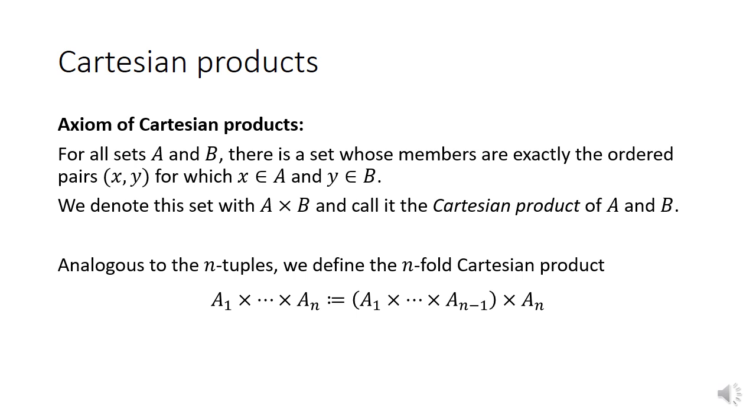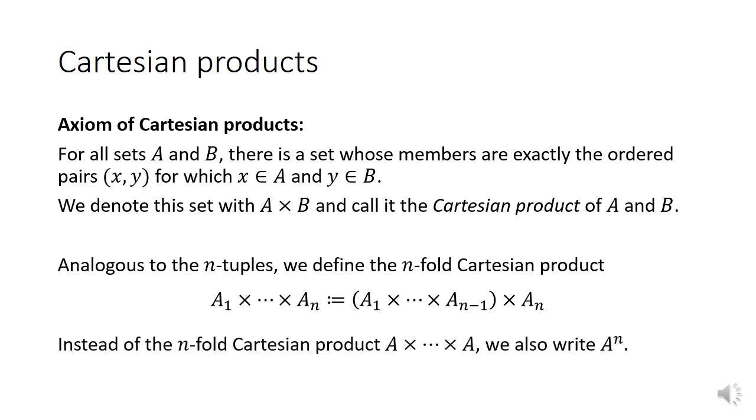It is the set of all n-tuples with entries from the respective sets A1 to An. If all sets of the n-fold Cartesian product are the same set A, we also write A to the n for it.